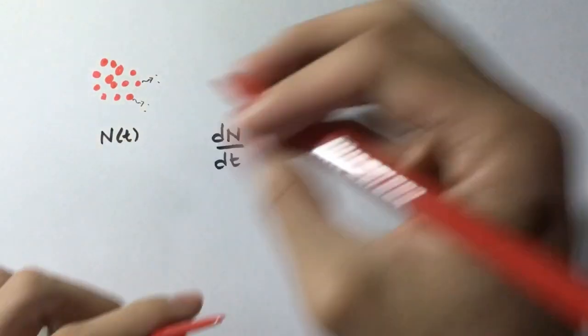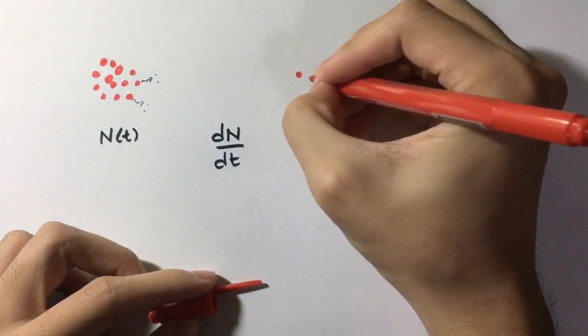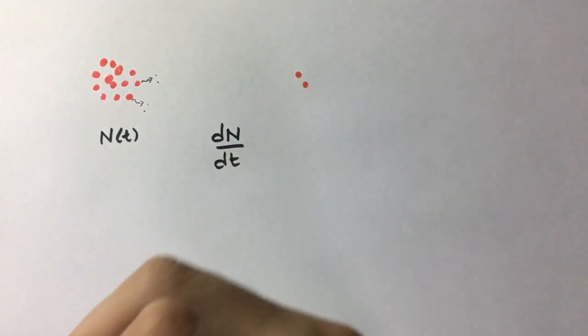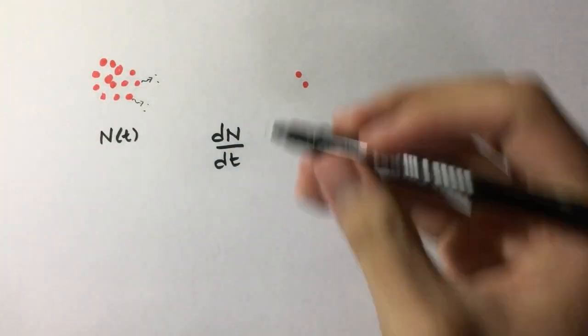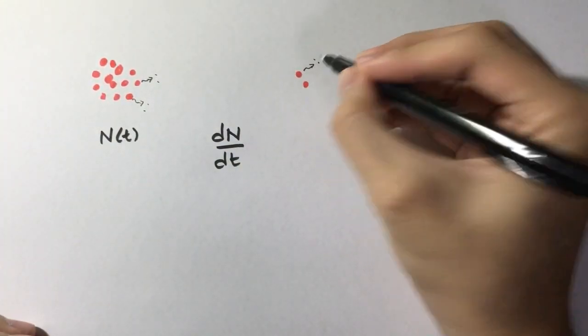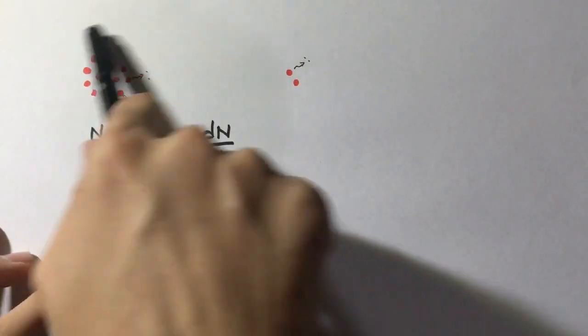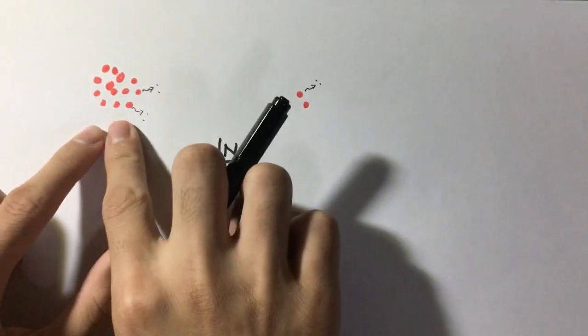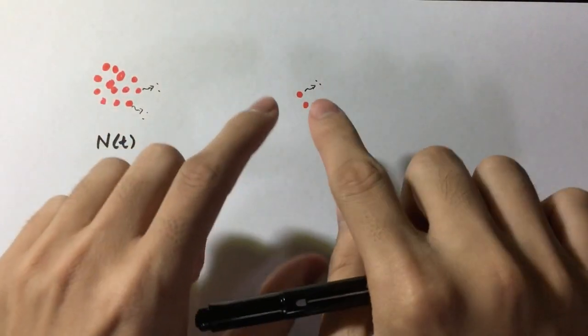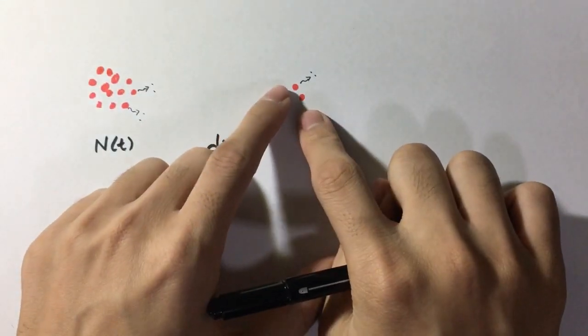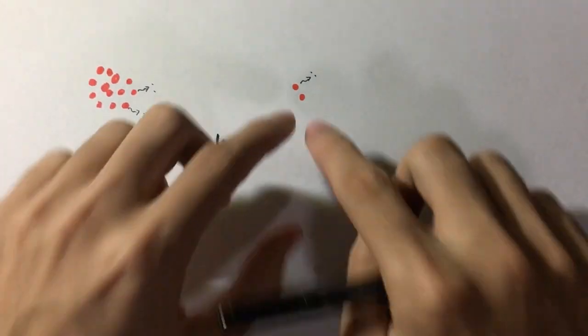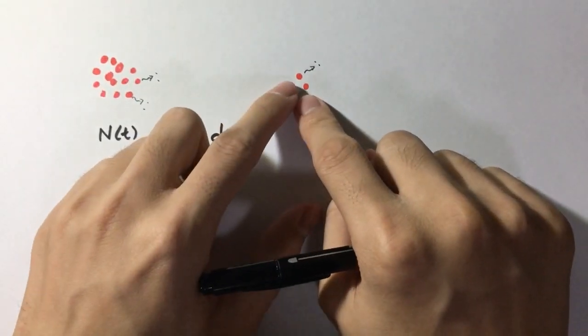In comparison, if I only have 2 atoms, sure, one of them might decay at any time, but the chance of one decaying will be a lot less, because here we have more atoms that can decay compared to this case where we only have 2.